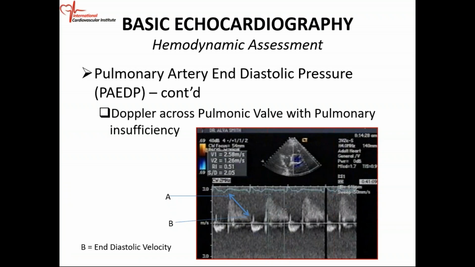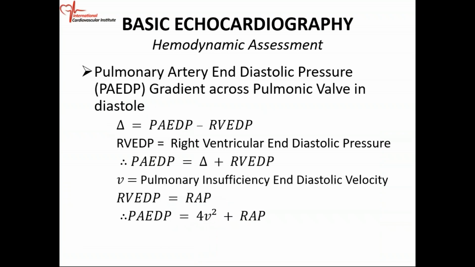So you'll get the gradient across the pulmonary valve, which essentially causes the pulmonic insufficiency. So to get the pulmonary artery end diastolic pressure, to the gradient, you just add the right atrial pressure.